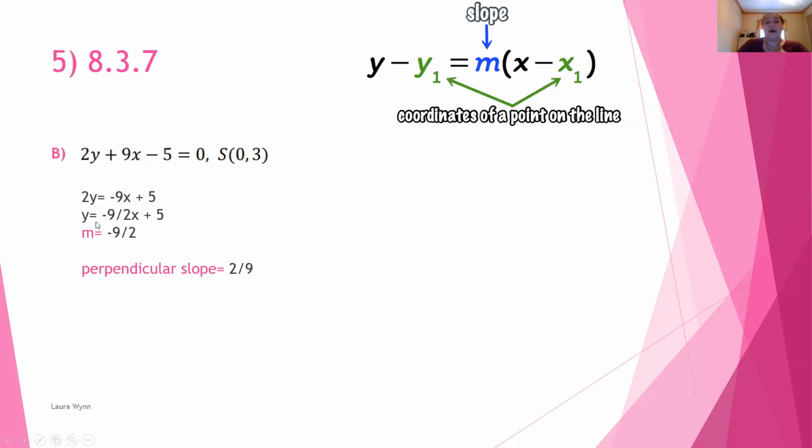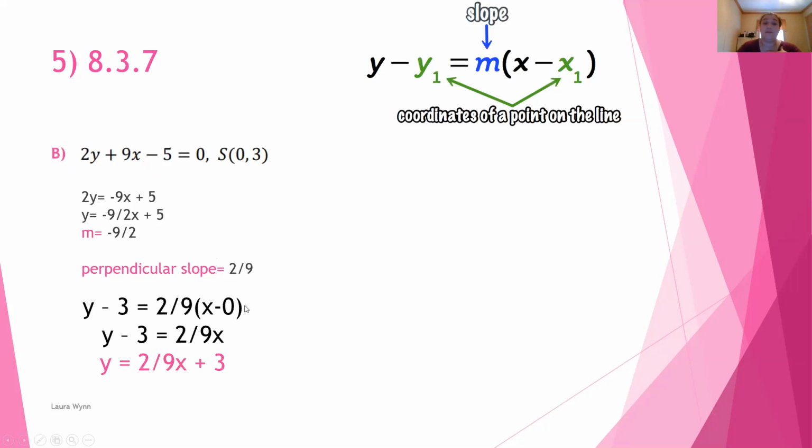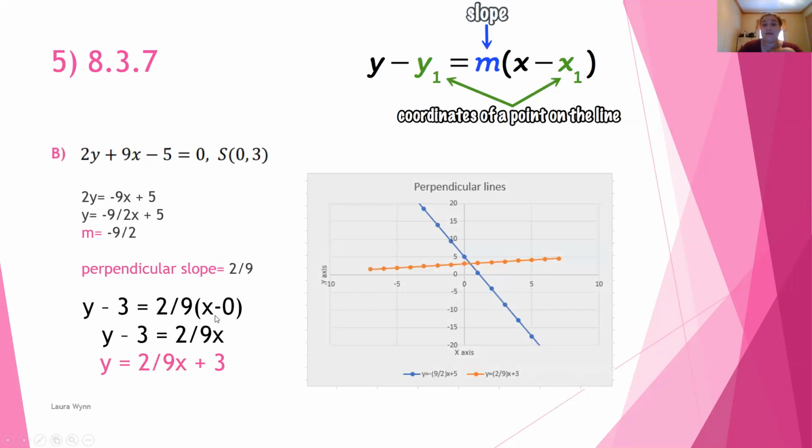So y ends up being -9/2 x plus 5, which gives you the slope of -9/2. For the perpendicular slope, again, it's the negative reciprocal of the regular slope, which makes it 2/9. Plug the information we know into our point slope form down here to find the perpendicular equation, which gives us y equals 2/9 x plus 3.